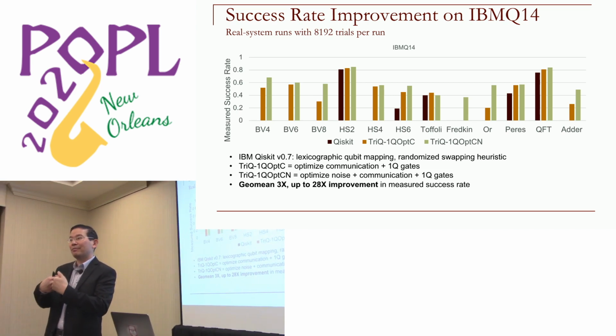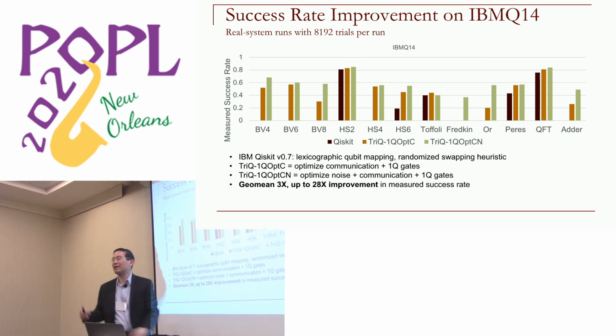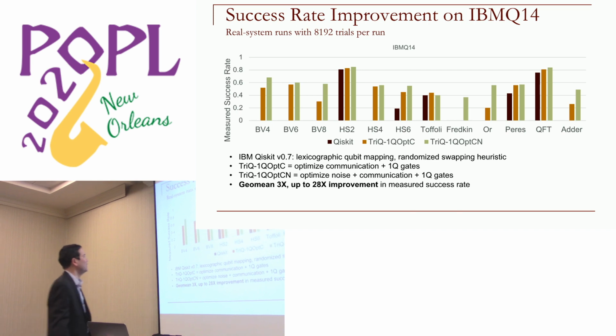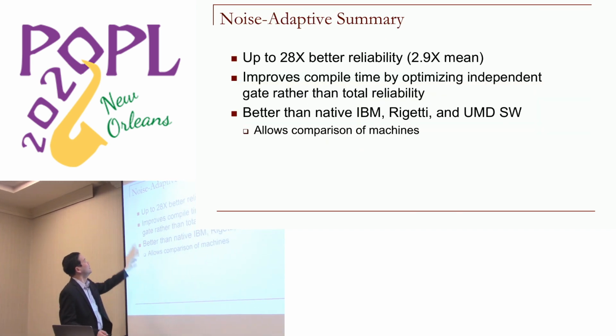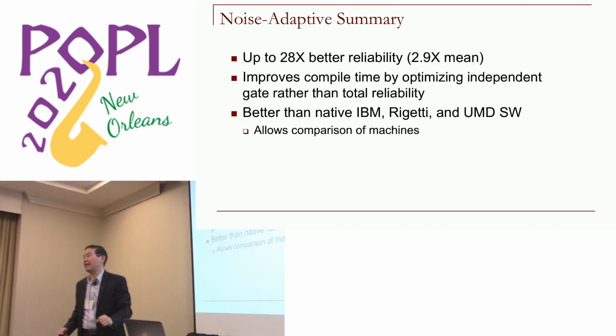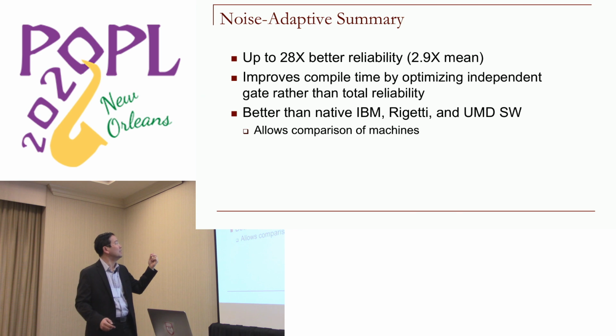You take a histogram of all the results, and you hope that there's a peak where the right answer is, right? And so having a higher success rate is much better for differentiating the correct result for your machine. OK. So this actually got up to a max of 28x better success rate, a mean of about 3x, 2.9x.